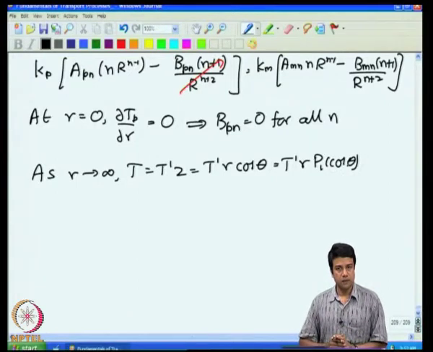If you recall, when we did the Legendre polynomial expansion, we had said that P0 of cos theta is equal to 1, P1 is equal to cos theta, P2 is equal to 3 cos square theta minus 1 by 2, and so on. And these are all orthogonal to each other. Therefore, in the limit as r goes to infinity, the solution has to converge to T prime times r times cos theta.